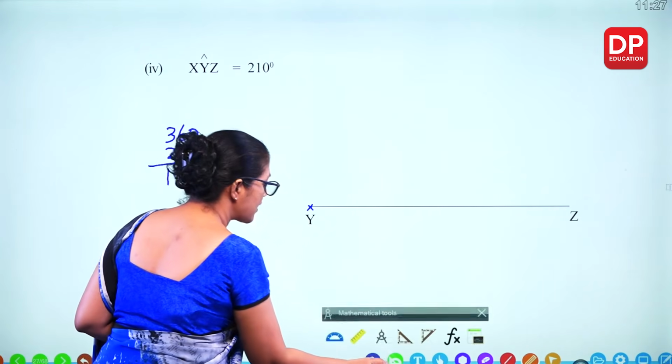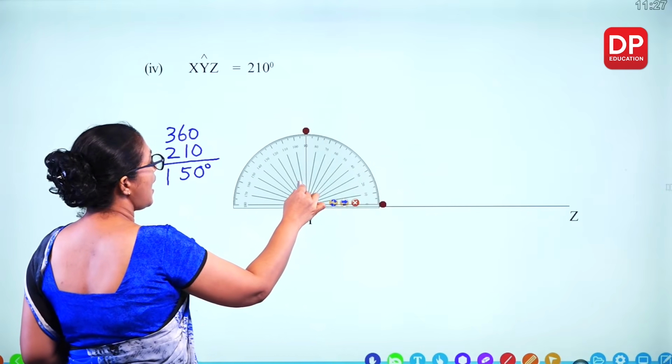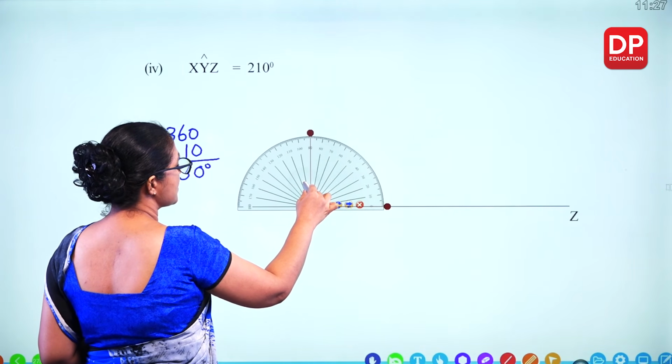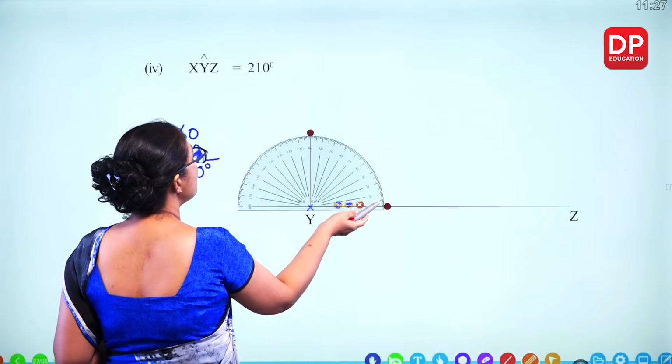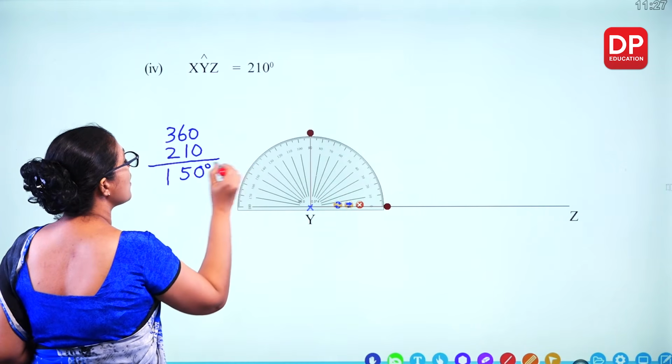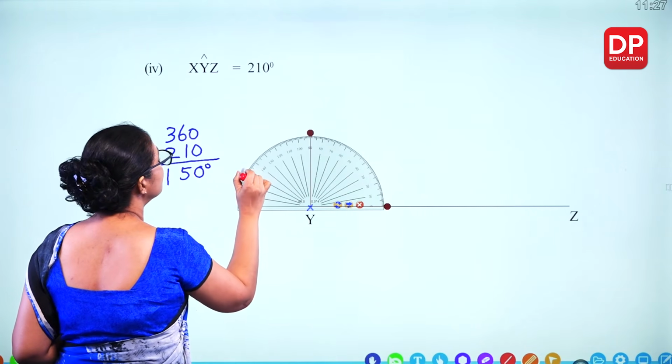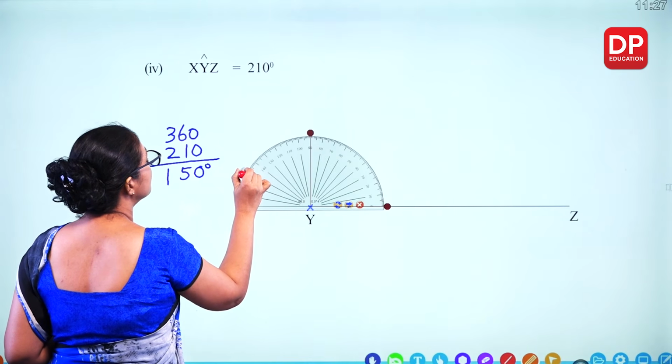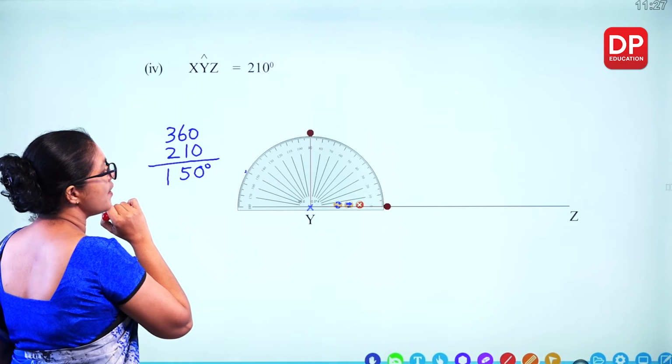So take the protractor and measure 150 first. 150 from here is this point. This point, 150.